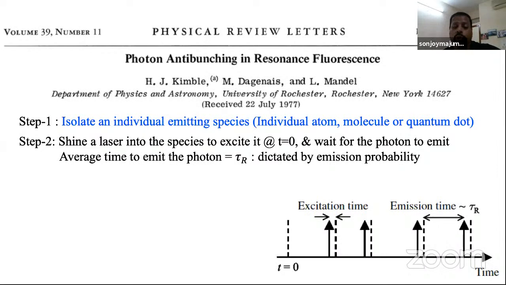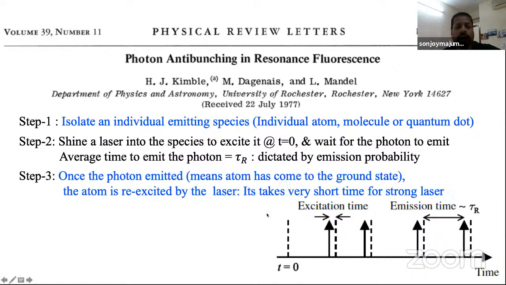Laser light will be going through; it will not be absorbed. But once the atom comes back to the ground state, it will absorb light again and get excited again. So once you see the photon emitted, the atom will be re-excited by the laser light, and that actually takes a very short time, because the laser light is very strong.